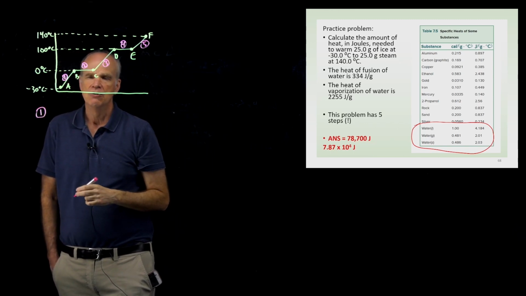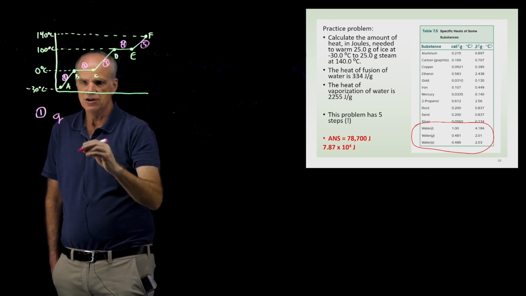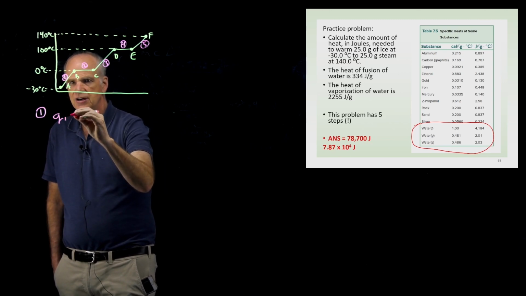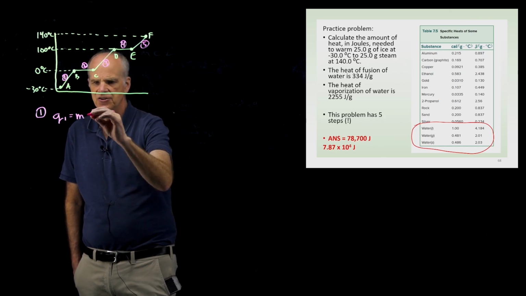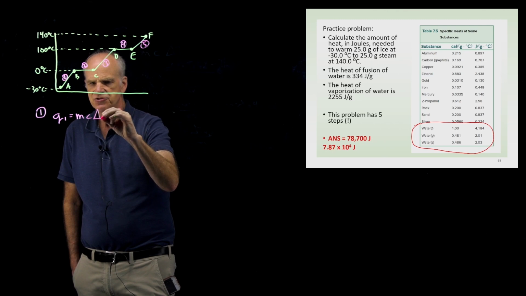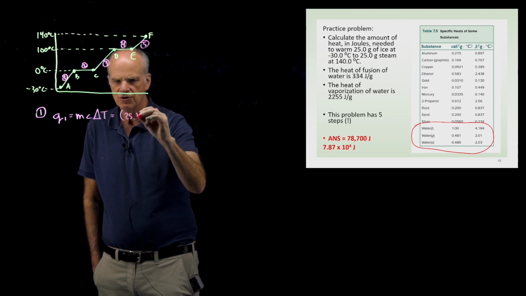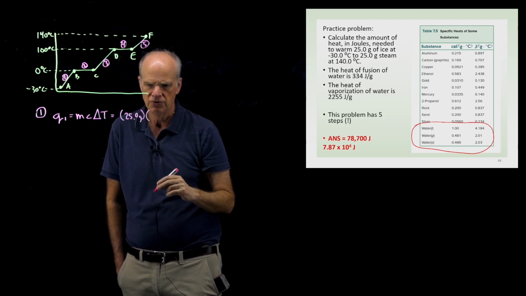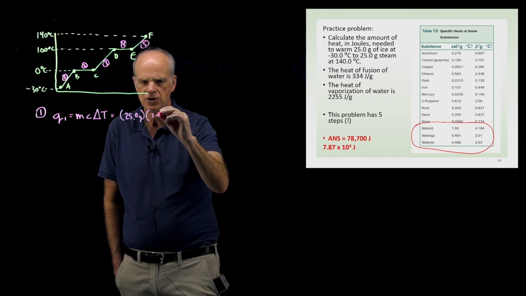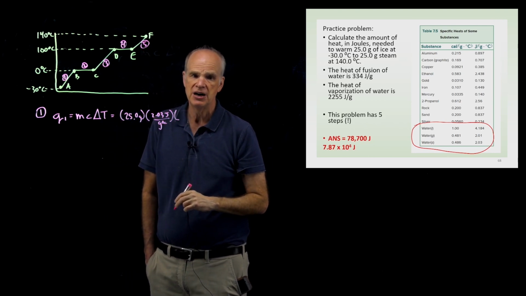So step one, what you're going to have to do is figure out the heat here. We can call it step one if we want. And so this is going to be the mass of the ice, which is 25 grams, times the specific heat of the ice, times the temperature change of the ice. And so here, the mass of the ice is 25.0 grams. Specific heat in joules is going to be 2.03 joules over gram degrees Celsius. And then the temperature change, it's the final temperature minus the initial temperature.